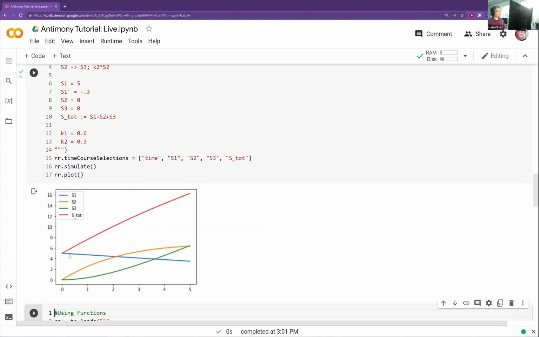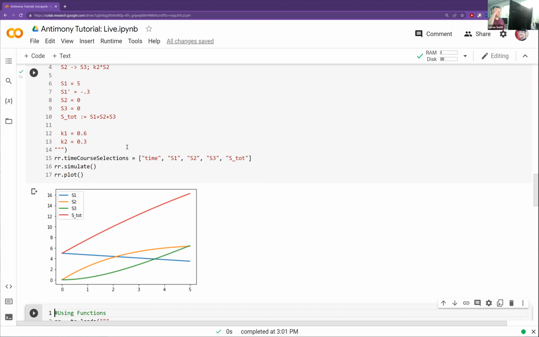Now here you see that S1 is going down slowly, but it's not going down as fast as it used to, as fast as S1 is going up. So the total amount of species in this model is actually going up over time. So we're essentially saying that the reaction is not consuming S1. Instead, some other process is slowly taking it out of the system.